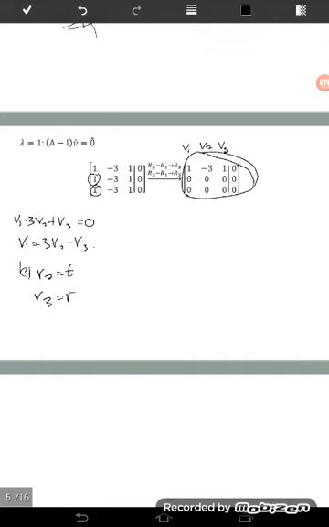So maksudnya kita dua-dua tu kita wakilkan sebagai variable yang berlainan lah. Jangan letak variable yang sama. Okay, so after we have V2, V3, so we have V1 which is equal to 3 times V2 which is T, and minus V3, V3 which is R.